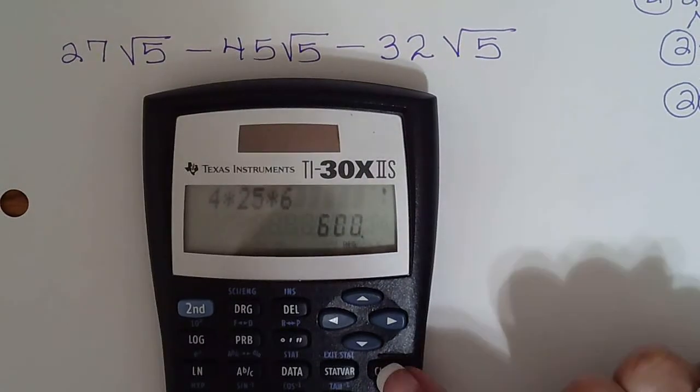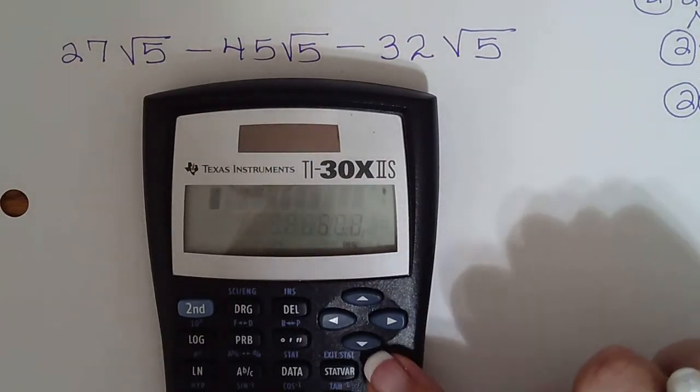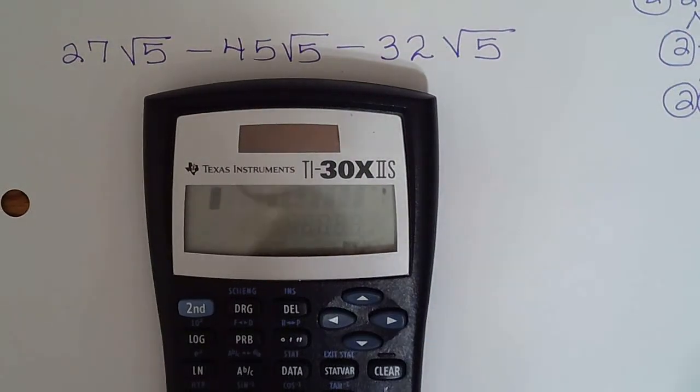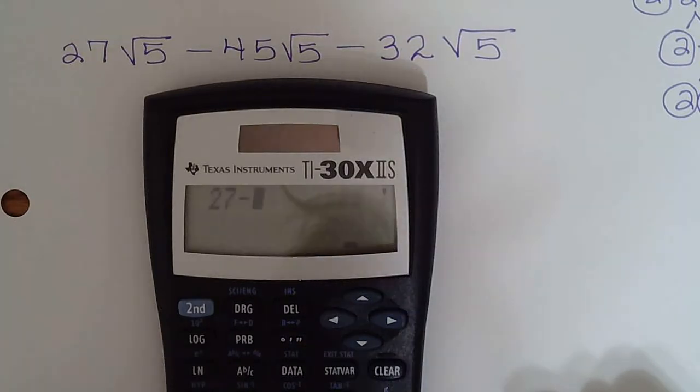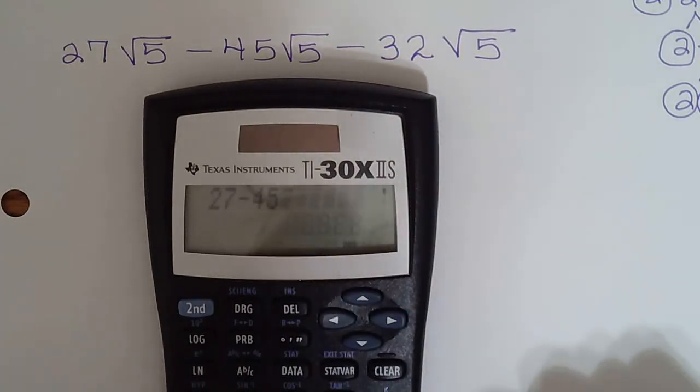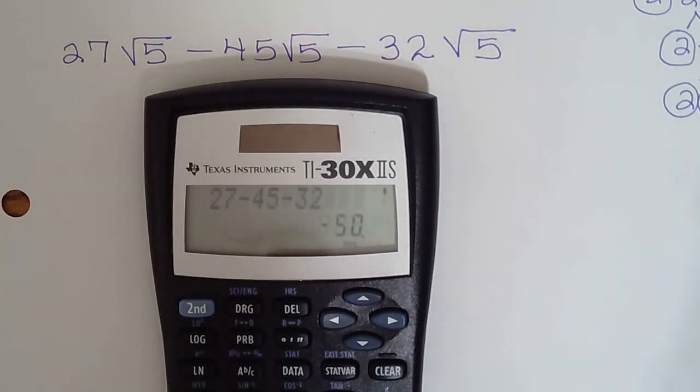So that will be 27 minus 45 minus 32. And that gives us negative 50.